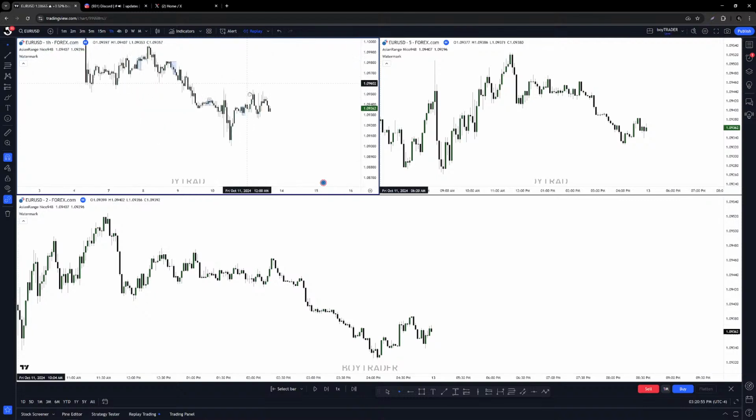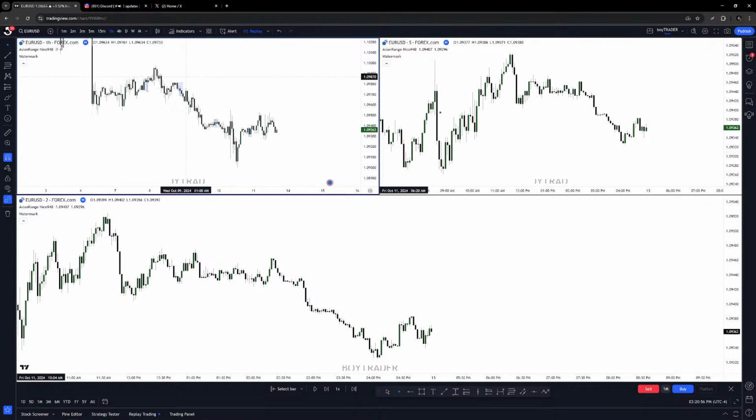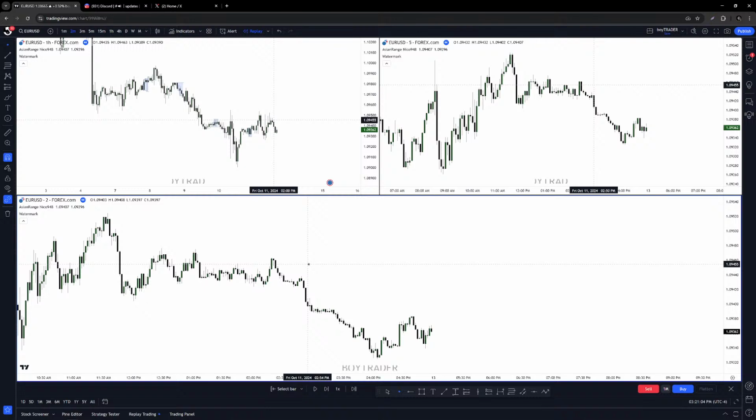We've been bearish on EU. This is the 1 hour chart. This is the 5 minute chart here on the right side, and at the bottom we have the 2 minute chart. The 1 hour chart is for our bias.